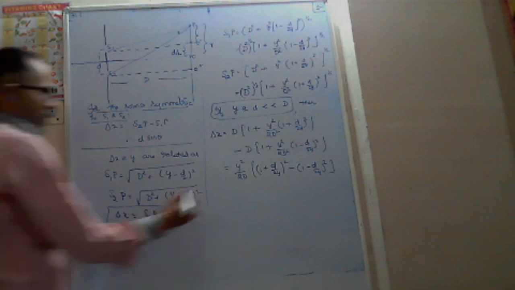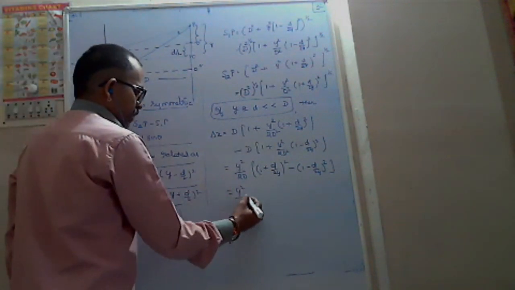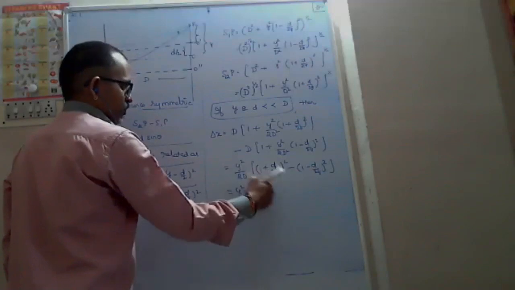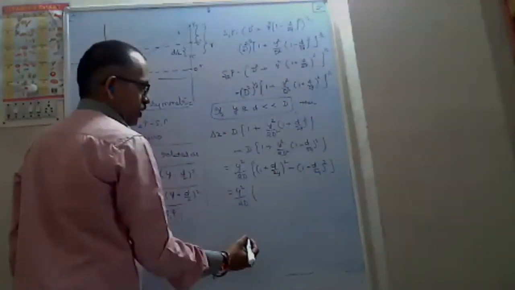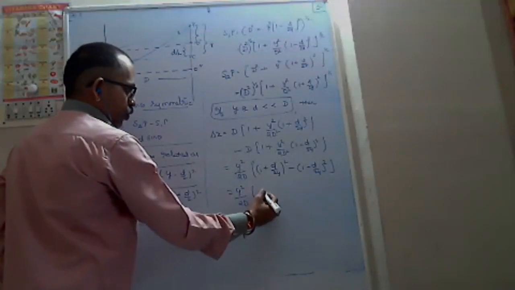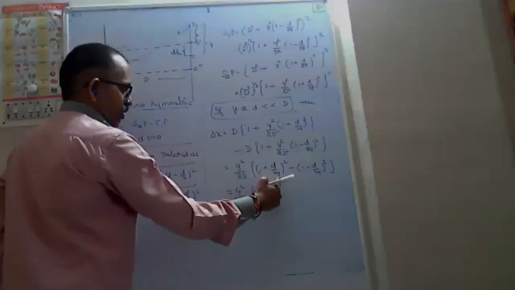This is a plus b whole square minus a minus b whole square. The formula is 4ab.